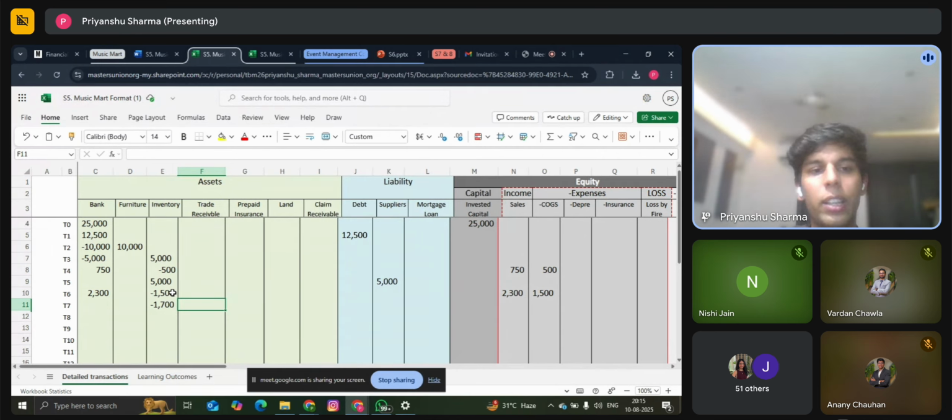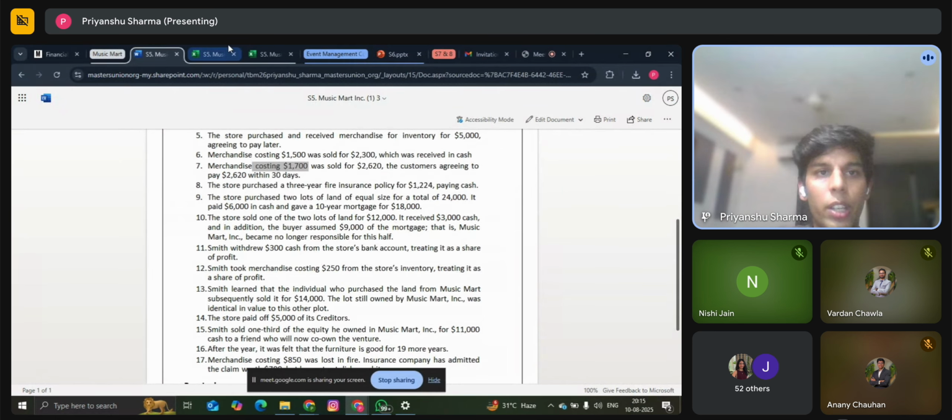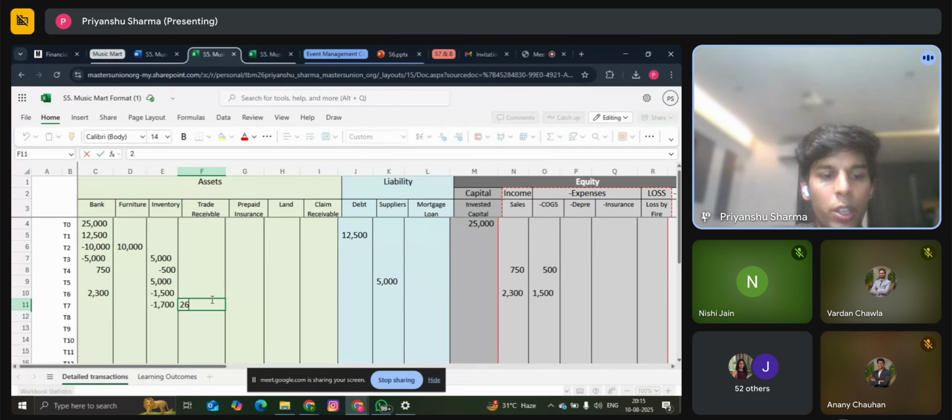Anything that you can encash in the future or that's going to give you value in the future comes inside the assets, and trade receivable because it's short term. So I'll record the value of the transaction here, 2620. So here comes trade receivable and inventory.